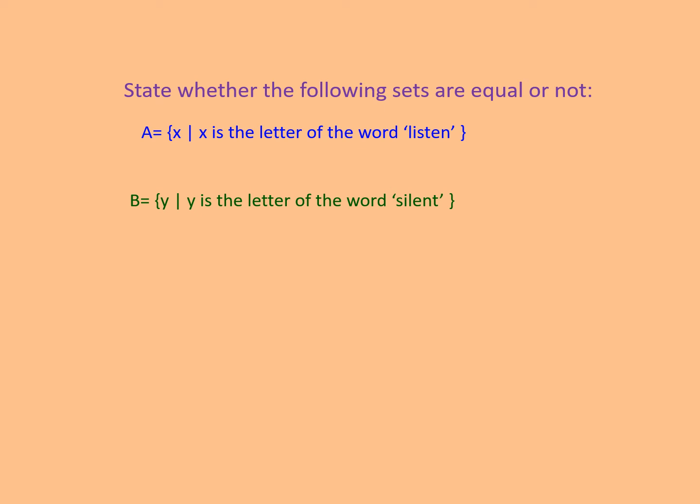Now, to know that, if we convert them in a listing form, then it will be easy for us to decide. So, let us convert set A in a listing form. So, I will get set A equals to L, I, S, T, E, N.